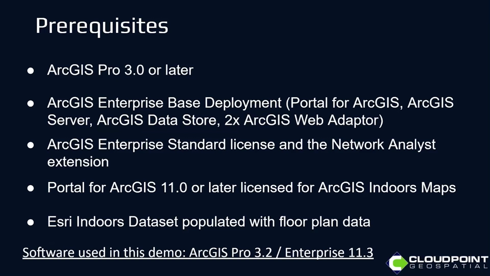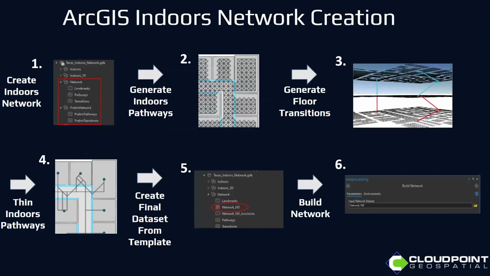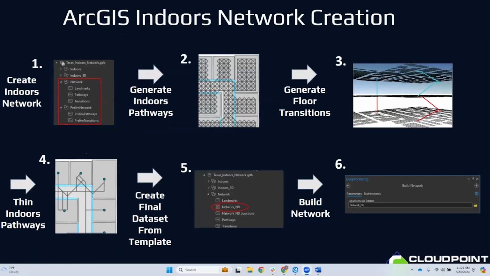We won't be covering that today, but there's webinars from CloudPoint and also Esri training on that topic as well. Software we're using for this demo is ArcGIS Pro 3.2 and Enterprise 11.3. With that, I'll hand over to Haley, who's going to demonstrate the process of creating the route network.